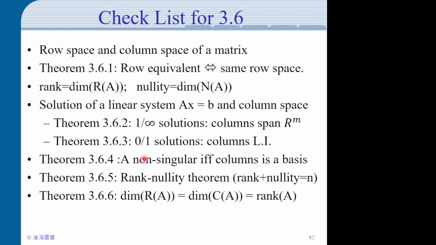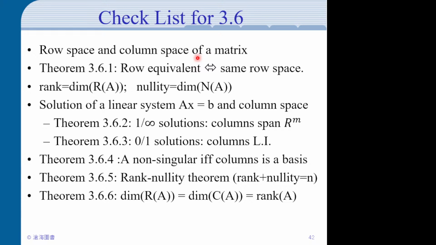And finally we go to 3.6 that we just talked about on Monday. In 3.6 we give more characterization of the matrix. There are the row space and the column space of a matrix: the space spanned by rows and the space spanned by columns.